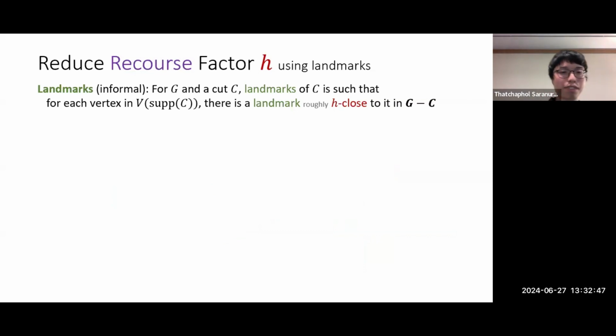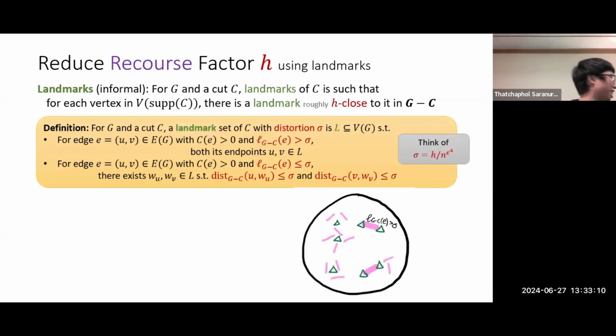And about the recourse factor h, we will introduce a concept called landmarks. Basically, informally, a landmark set for a graph and a moving cut C is just a vertex set such that every cut edge has a close landmark to its endpoints. Just ignore this definition.